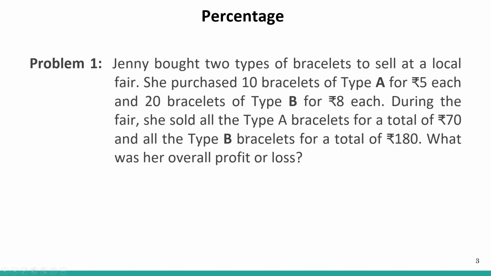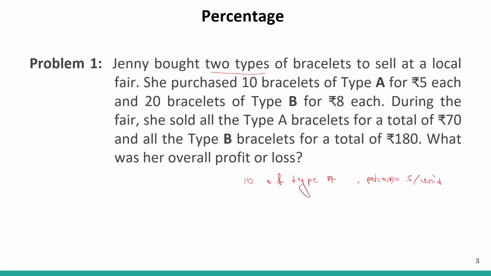Problem number one tells us that Jenny bought two types of bracelets to sell at a local fair. She goes to a local fair and she got two types of bracelets and will be selling them there. She purchased 10 bracelets of type A for 5 rupees each, so the price of A is 5 per unit.